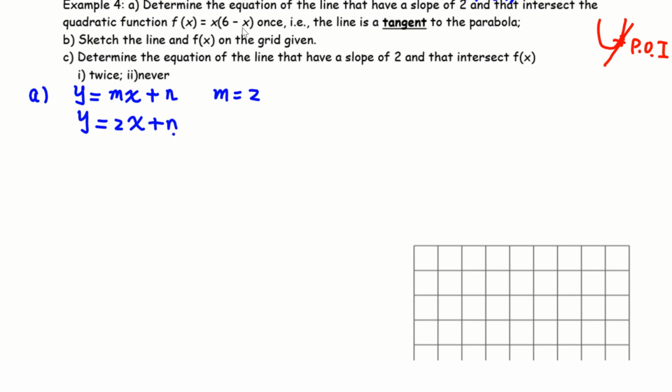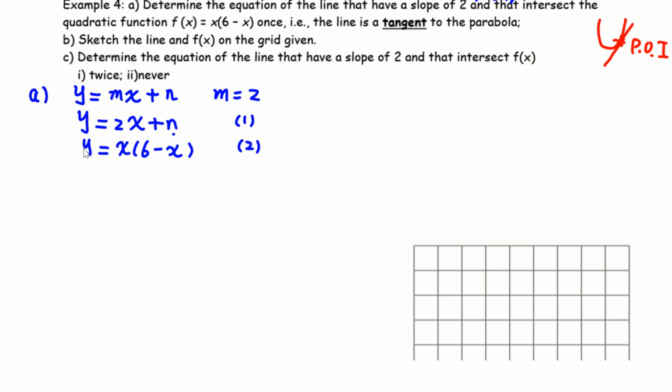So we have two variables. Another equation is the parabola, f of x. We replace f of x with y, so y equals x times 6 minus x. In xy notation, it's easier for us to solve for the point of intersection. So equation 1 is a line, equation 2 is a parabola.